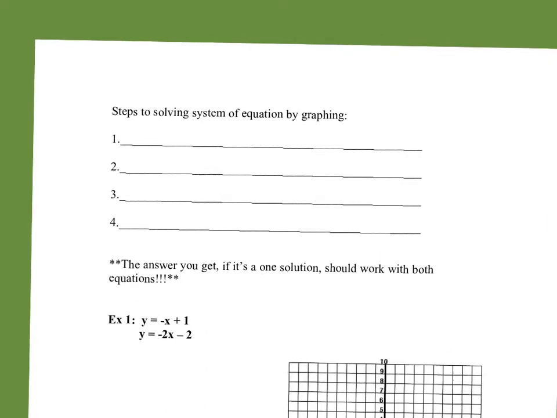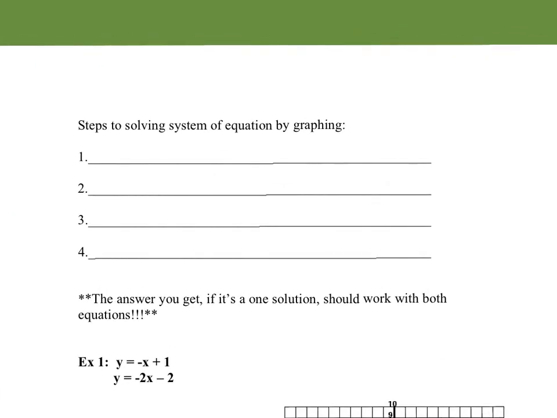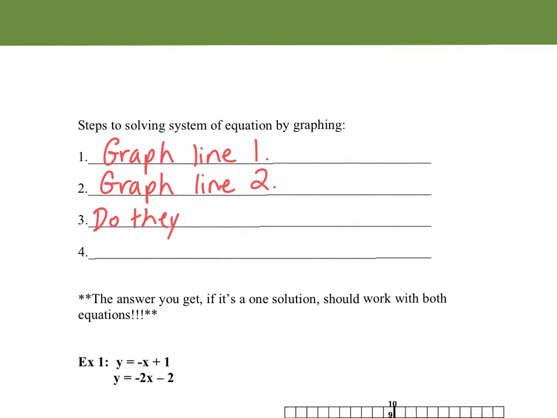So steps on how do I solve these by graphing? Pretty simple. Graph line 1. Graph line 2. Do they meet? Or do they intersect? If so, what point?